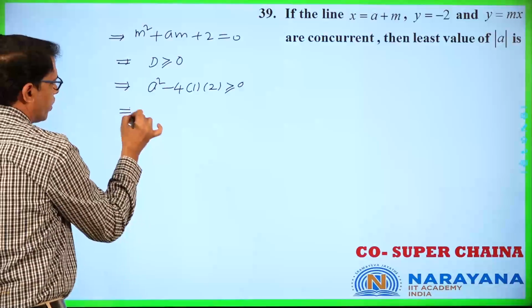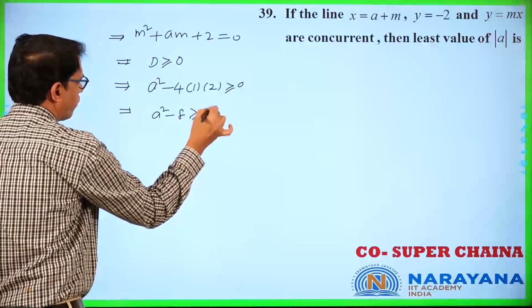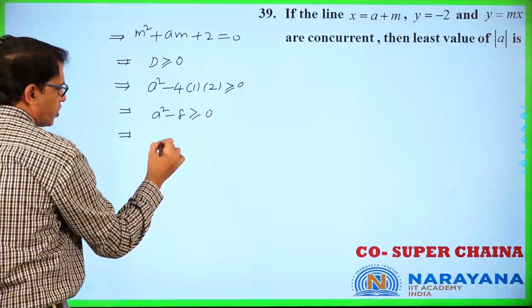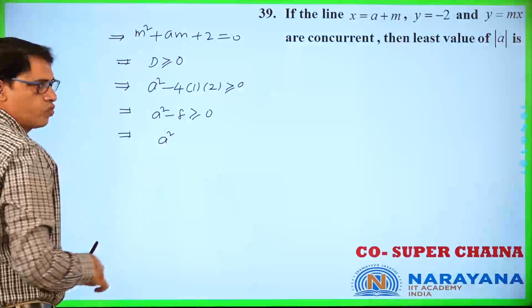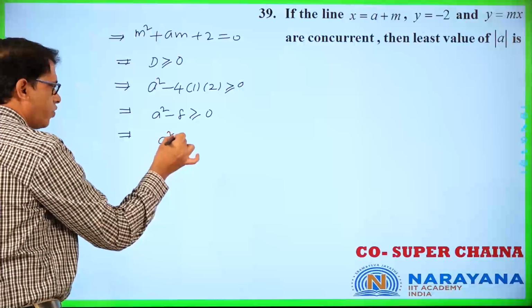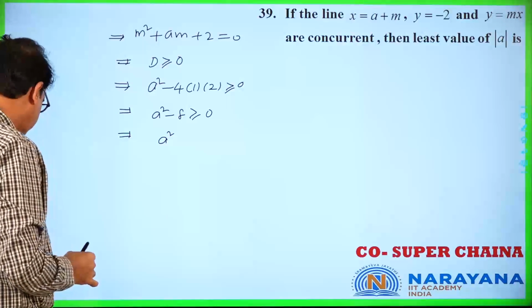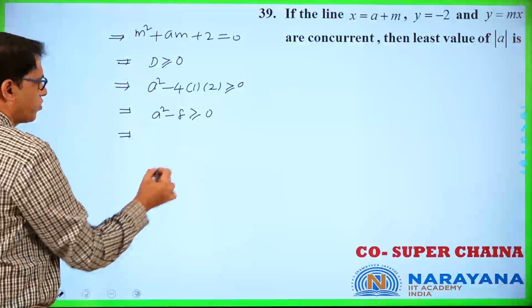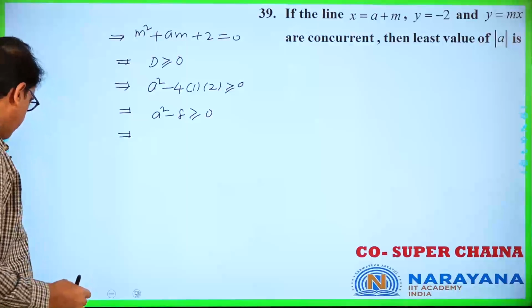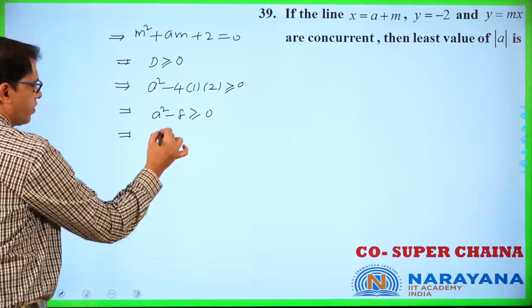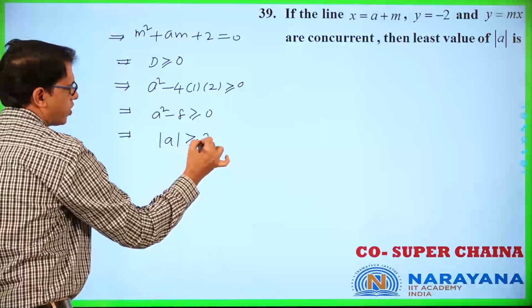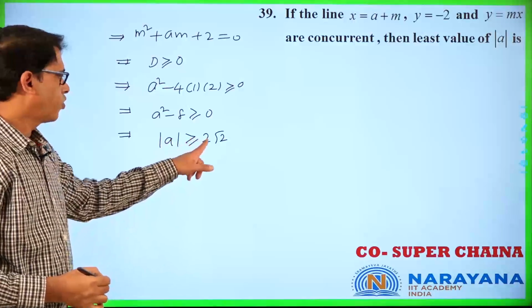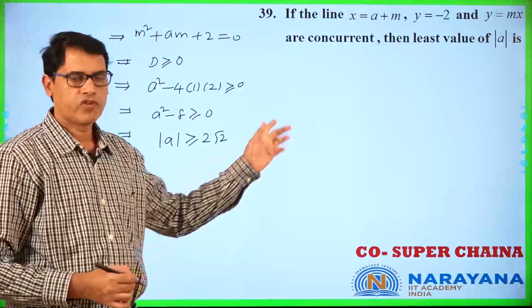So a square minus 8 is greater than or equal to 0. This gives a square minus (2 root 2) square, so if you solve the inequality, we get mod of a greater than or equal to 2 root 2. 2 root 2 is about 2 into 1.4, which is roughly 2.8.